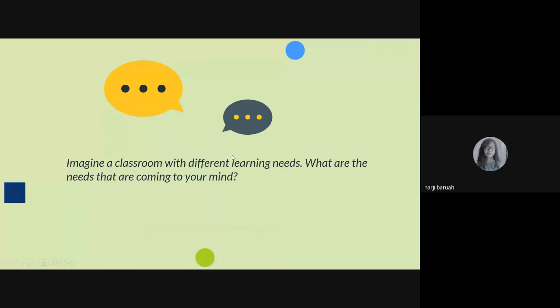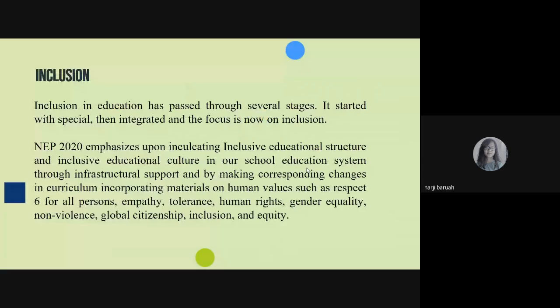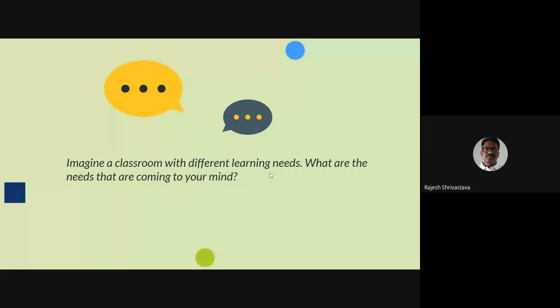The different needs of students that we encounter in class. I think, ma'am, it's familiarity with the students. Yes, familiarity with the students, so that we may know their problems and difficulties. Any other?